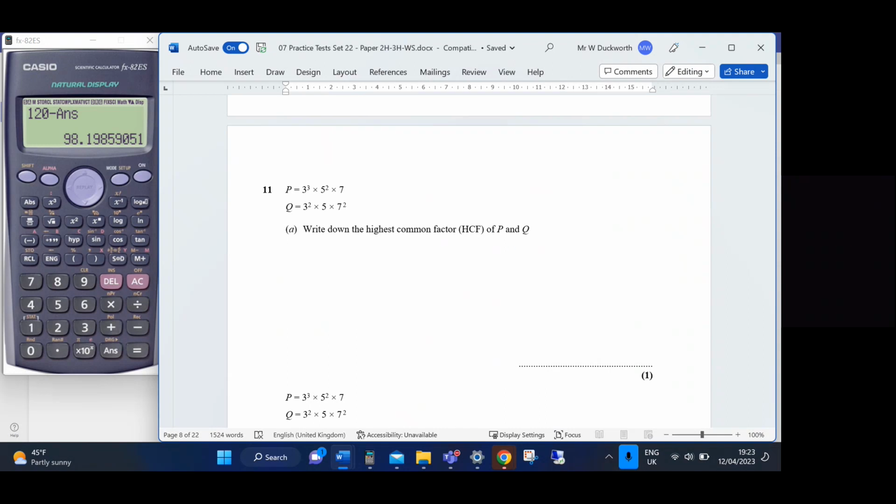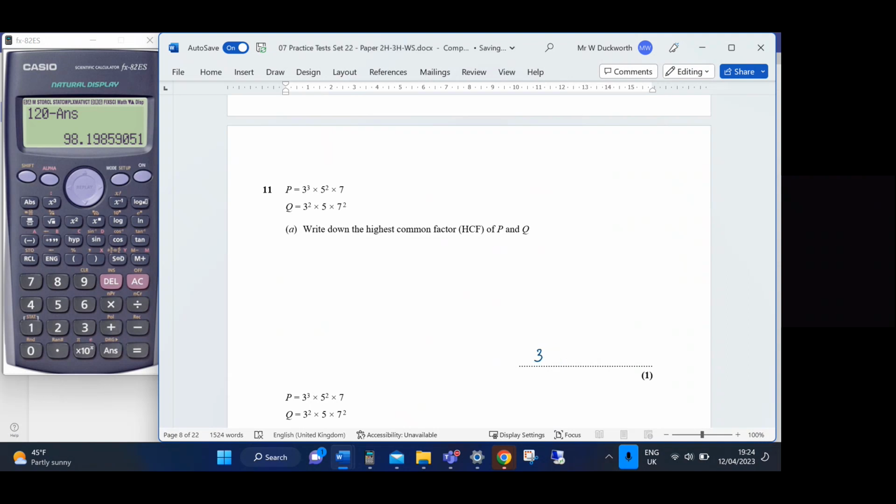I'm just debating in my head whether to write it down in terms of prime factors or in terms of a value. It doesn't particularly matter. I'd assume that we would get the marks for either. It's only 1 mark, so I'm going to go for it in terms of prime factors.